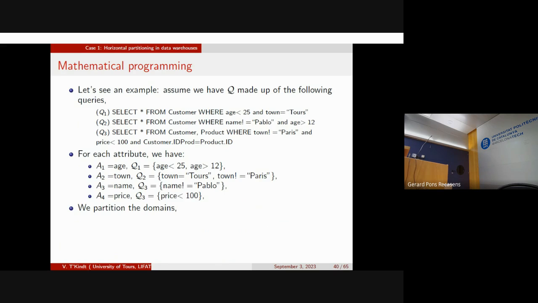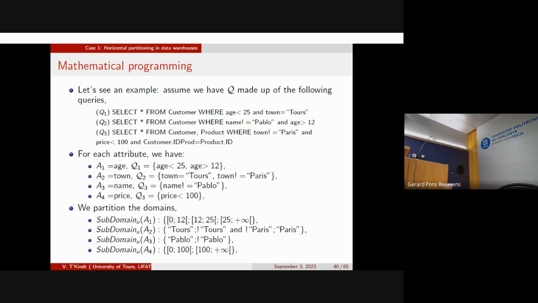Then what we do is partition the domains. The subdomains of A1 are age between 0 and 12, 12 and 25, and 25 to plus infinity. This is partitioned according to that. We do the same for the town, the name, and the price.